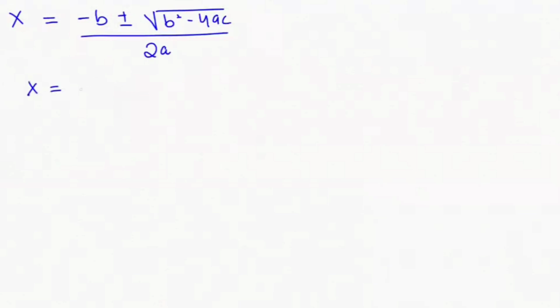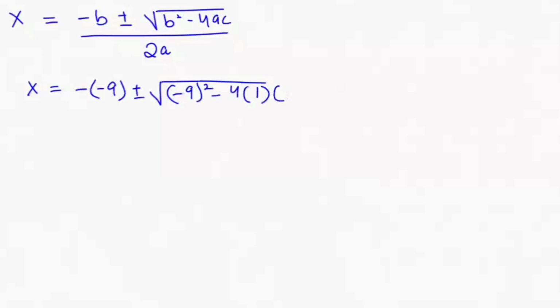So x equals minus (minus 9) plus or minus root of (minus 9) to the power of 2 minus 4 times A, which is 1, times C, which is 81, over 2 times A, which is 1.